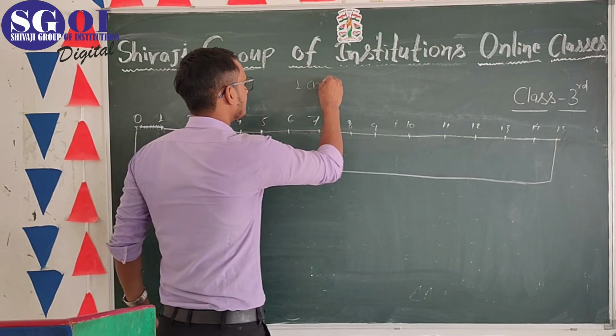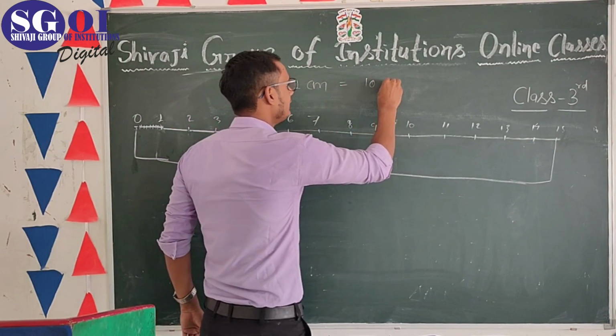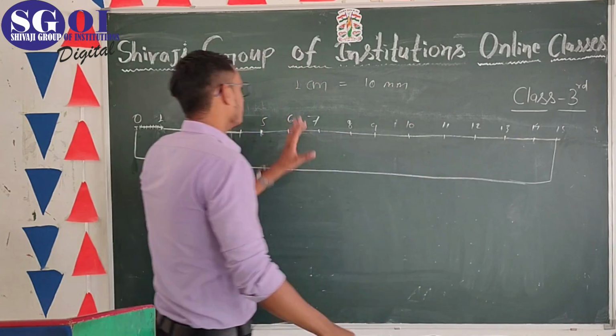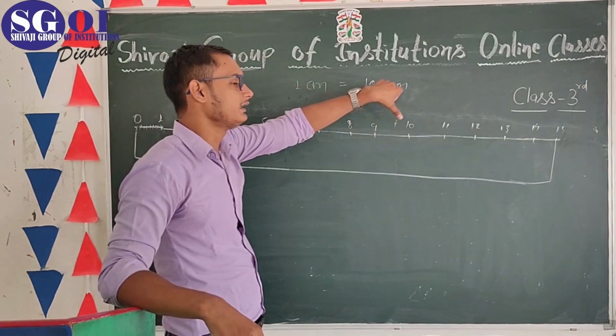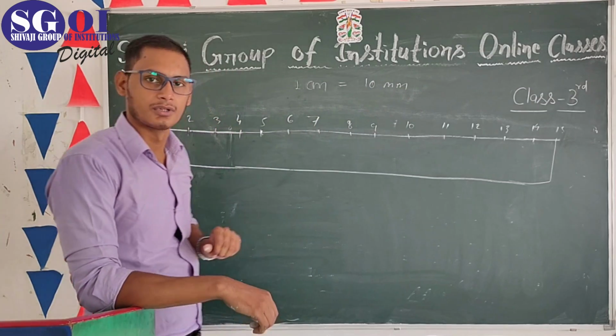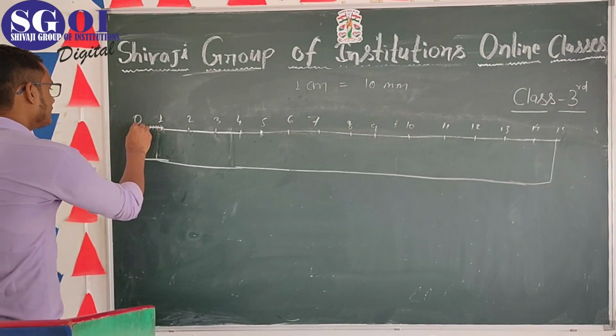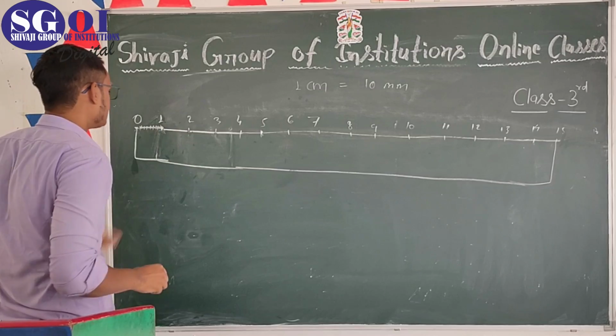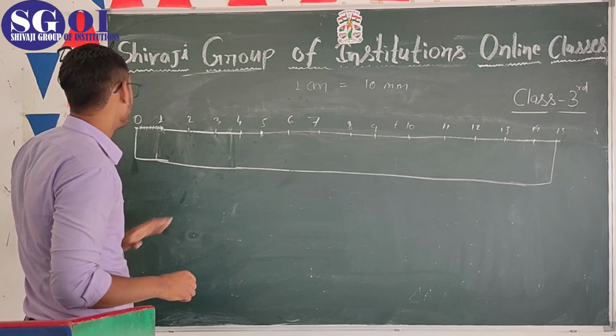Means 1 centimeter is equal to 10 millimeter. So each centimeter is equal to 10 millimeters.